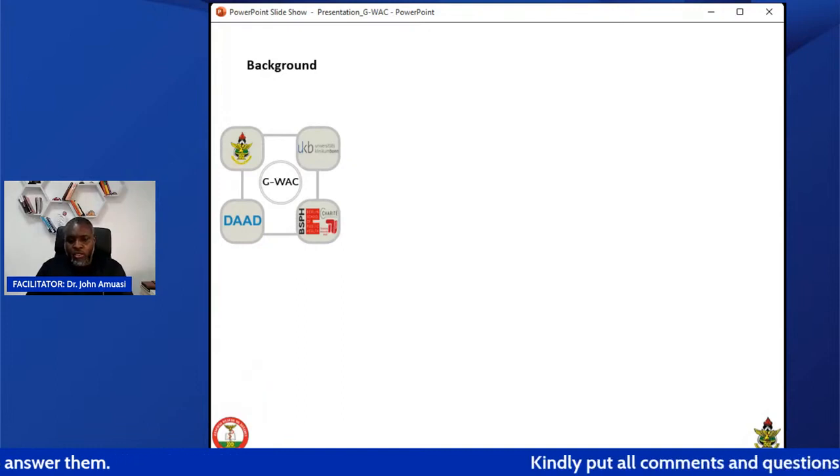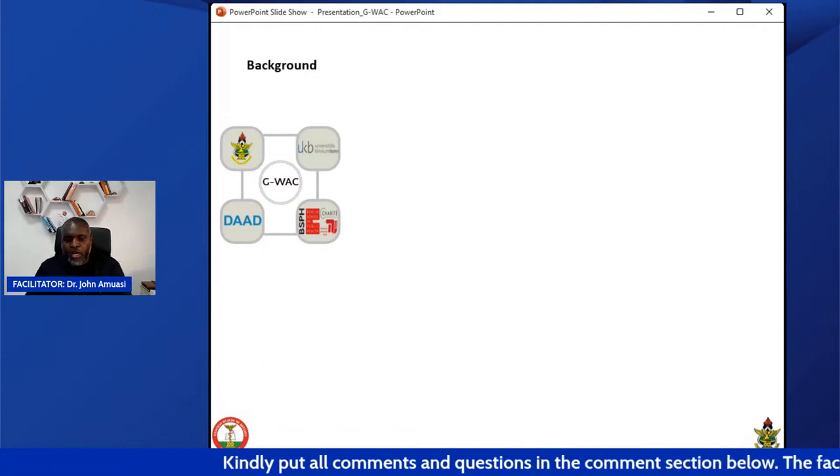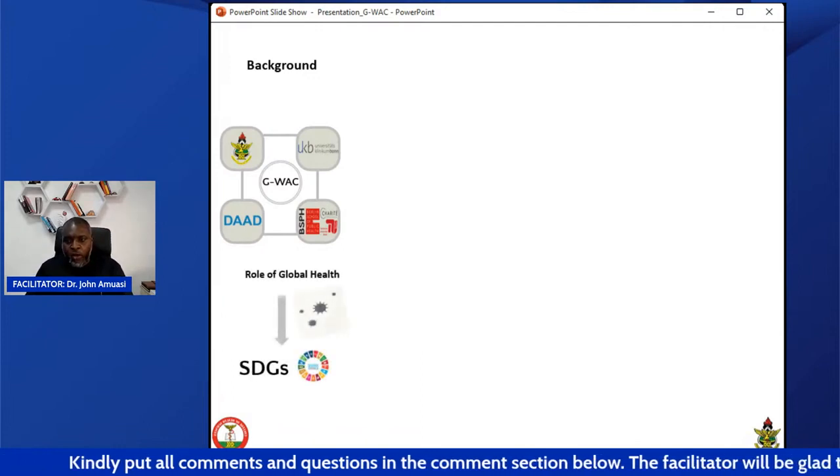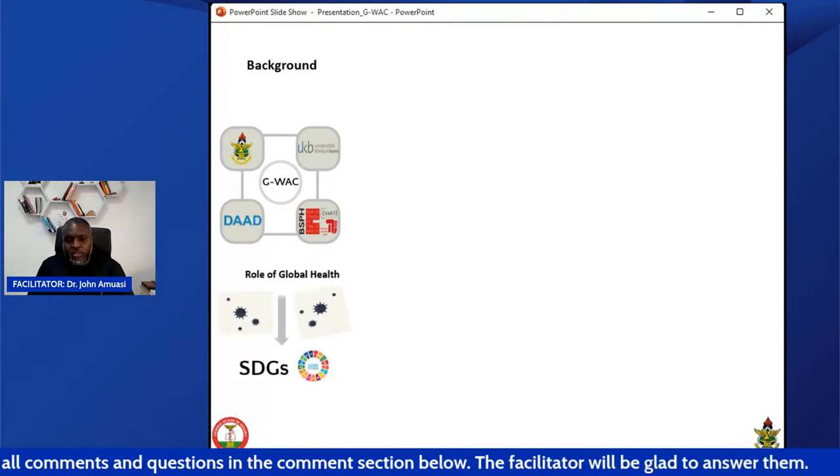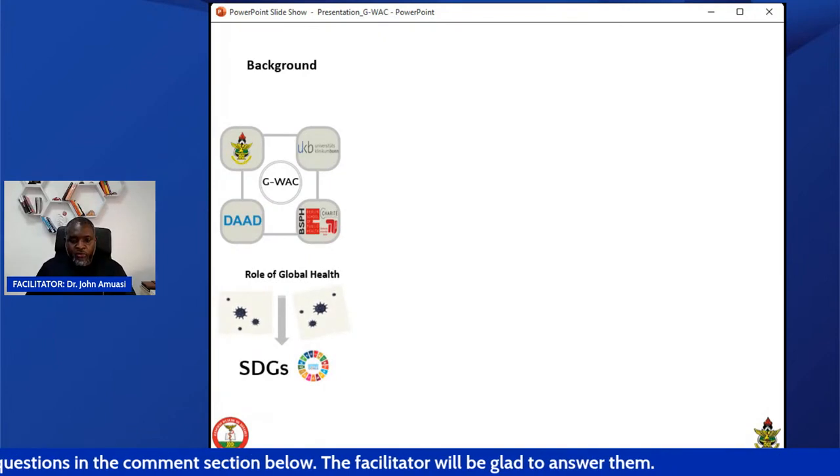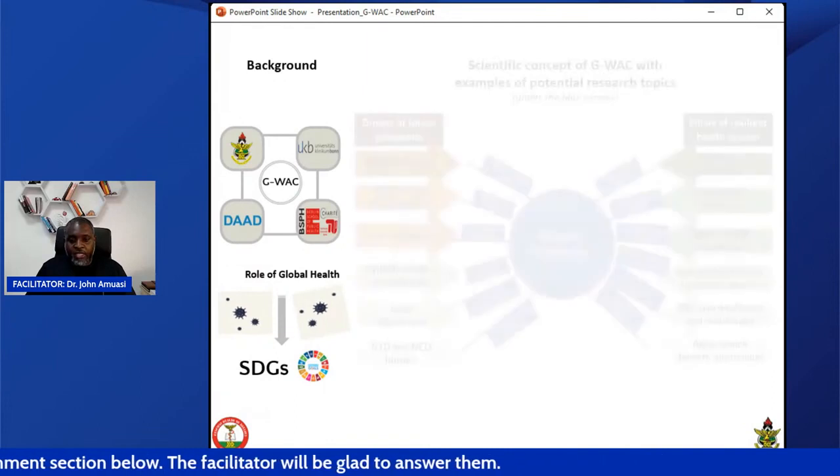So it just shows how committed we are, as Linda already pointed out, to this aspect of capacity building and doing One Health.